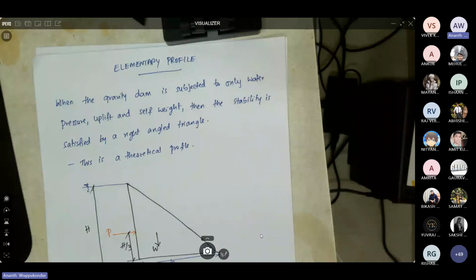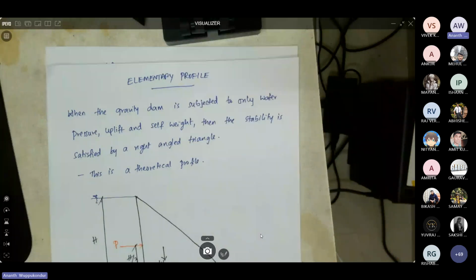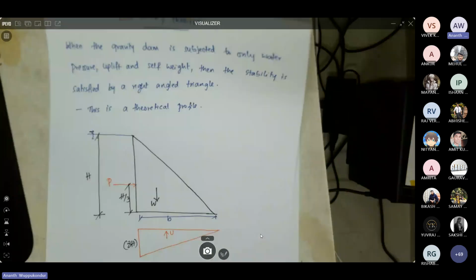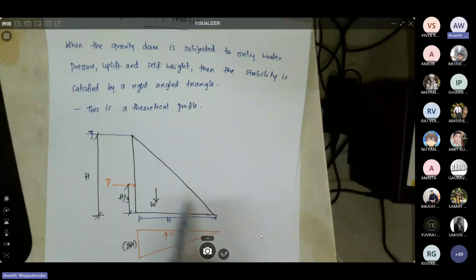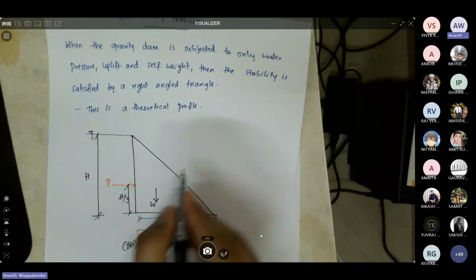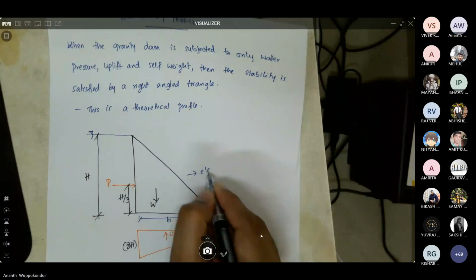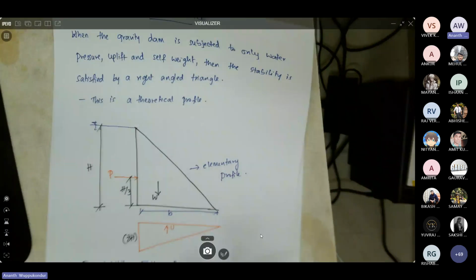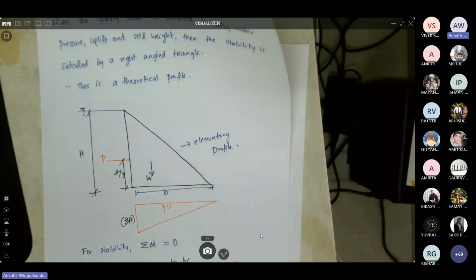Only for these three forces, a simple right-angled section is sufficient to withstand the forces. This is called the elementary profile. It is a very simplified case and a theoretical profile.